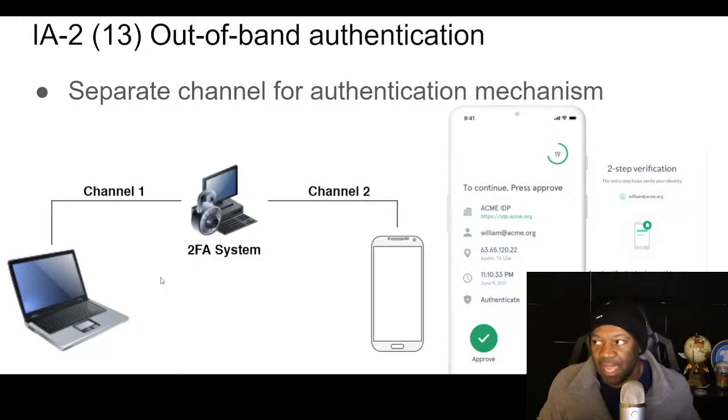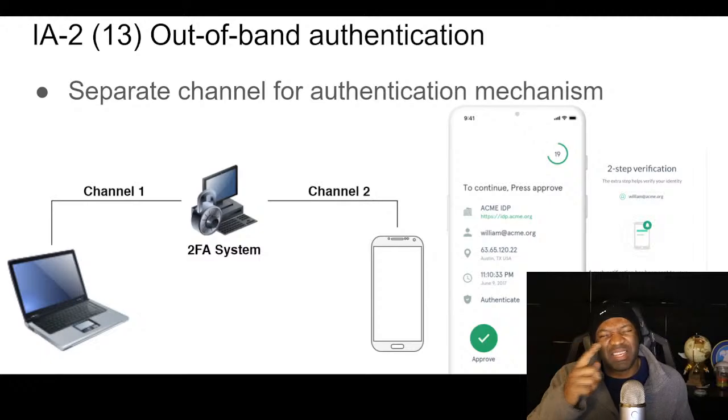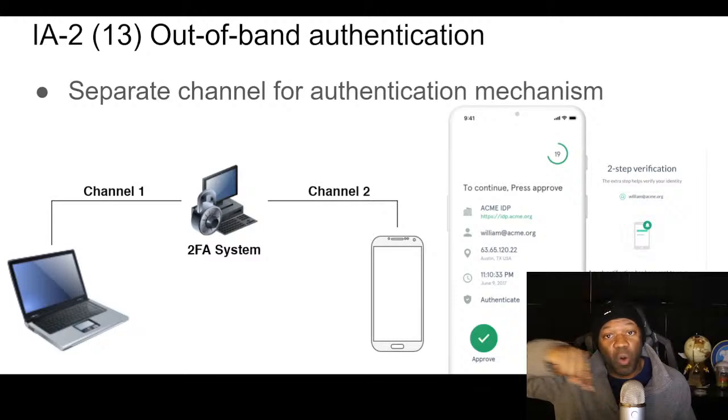If you have multi-factor authentication on an Amazon account, they'll sometimes send you a push notification, and you have to press approve to get in. Adobe uses it too, with a push notification that's out of band. Out of band means it's using a whole separate network to authenticate.